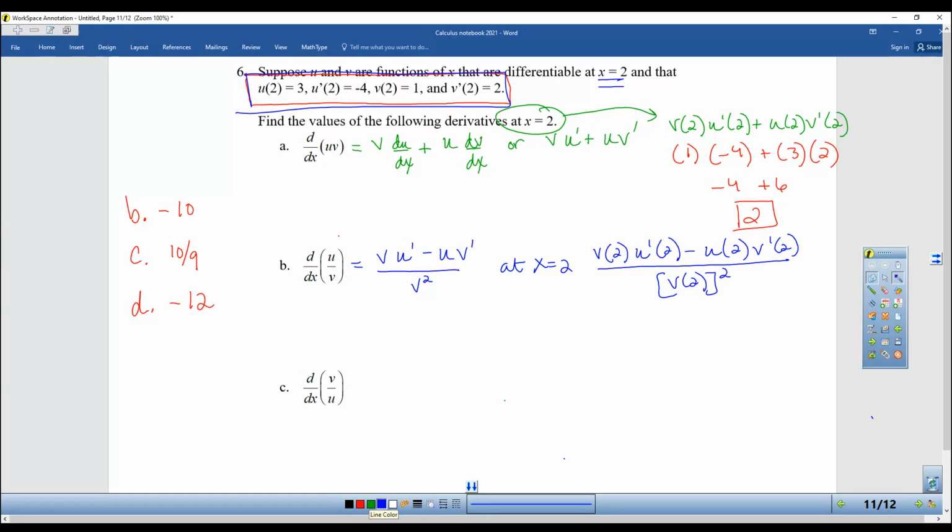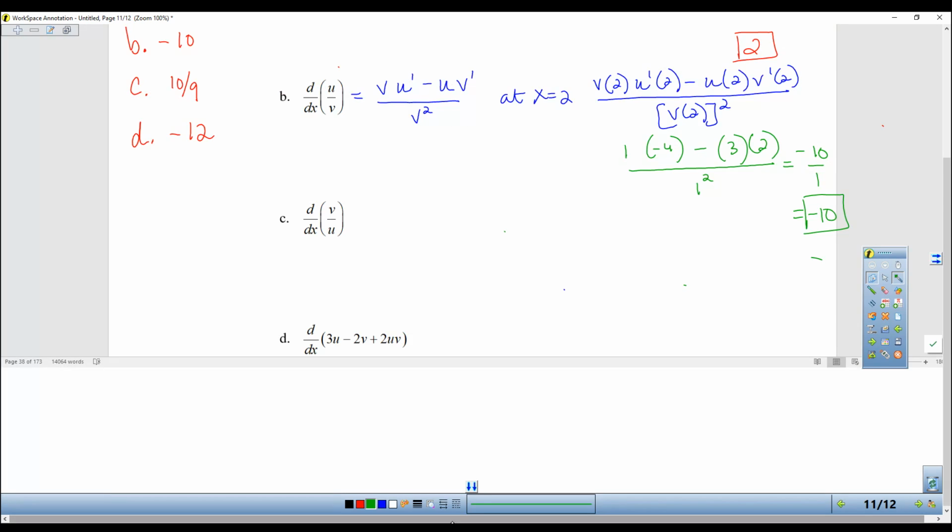Now I just fill in the numbers. v of 2 is 1, u prime of 2 is negative 4, u of 2 is 3, v prime of 2 is 2, all over v of 2, which is 1 squared. So negative 4 minus 6 is negative 10 over 1, which is just negative 10.